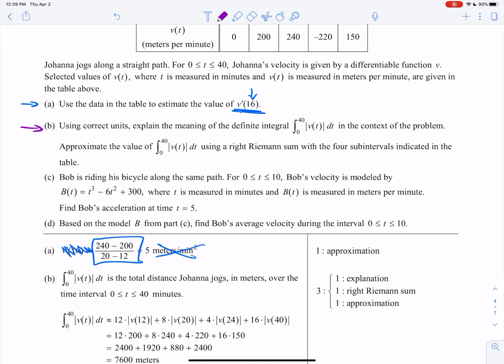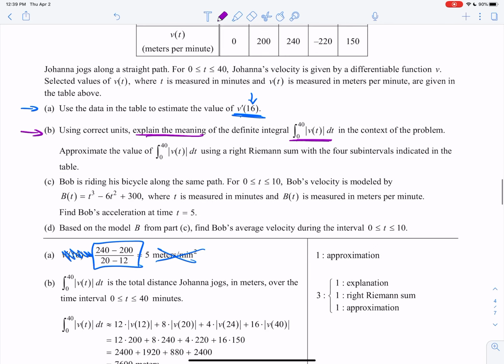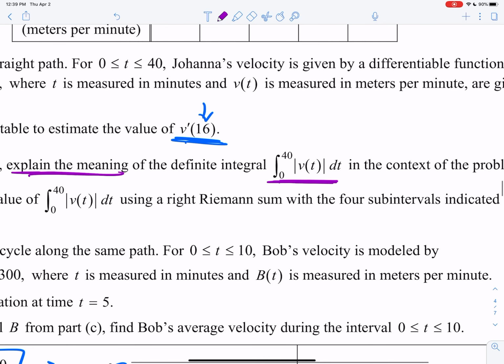So they want us to explain the meaning of this in the context of the problem. So let's talk about that, okay? Right away, I know that v is velocity, okay? And when I take the absolute value of velocity, I actually get speed, okay?